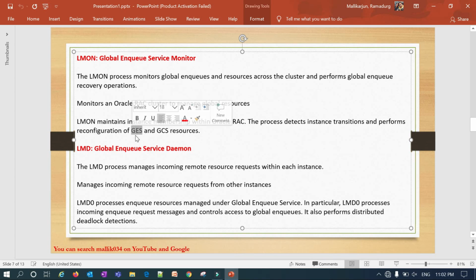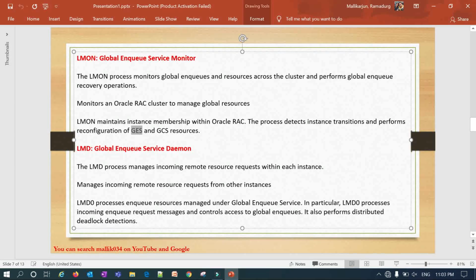To monitor those locks, LMON plays a major role to monitor my GES. Whenever there are clusterware locks, everything is managed with this LMON.